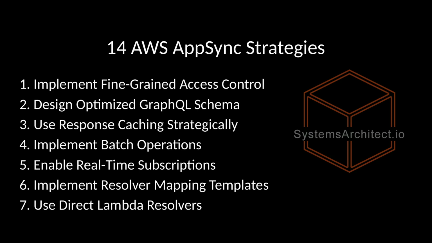14 AWS AppSync strategies. 1. Implement fine-grained access control. 2. Design optimized GraphQL schema. 3. Use response caching strategically. 4. Implement batch operations. 5. Enable real-time subscriptions. 6. Implement resolver mapping templates. 7. Use direct Lambda resolvers. 8.